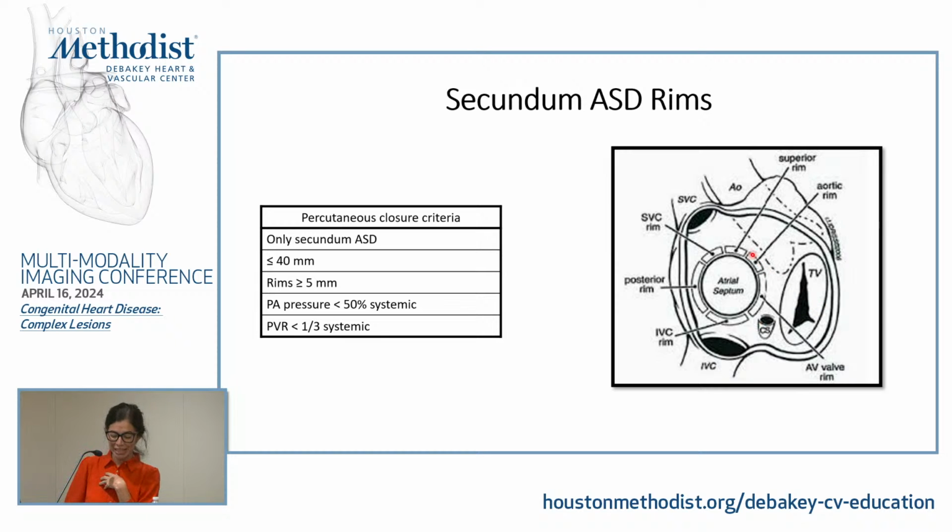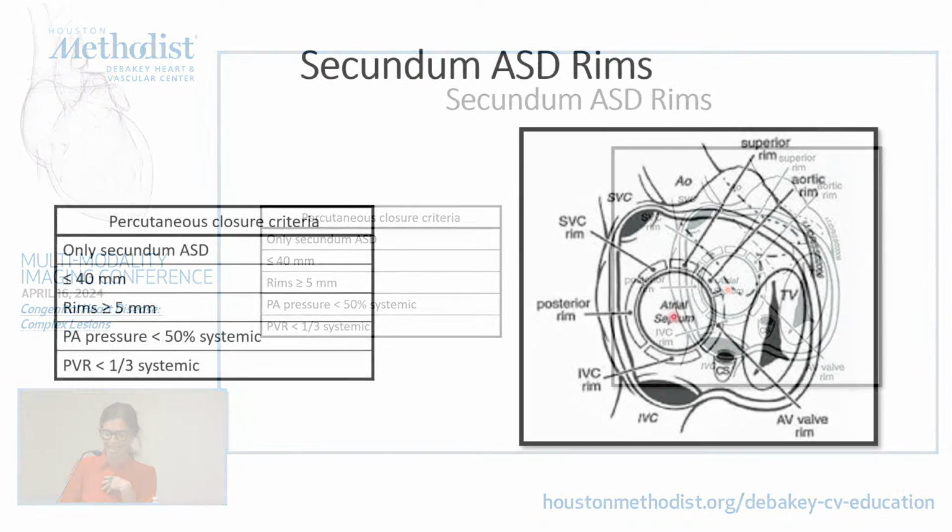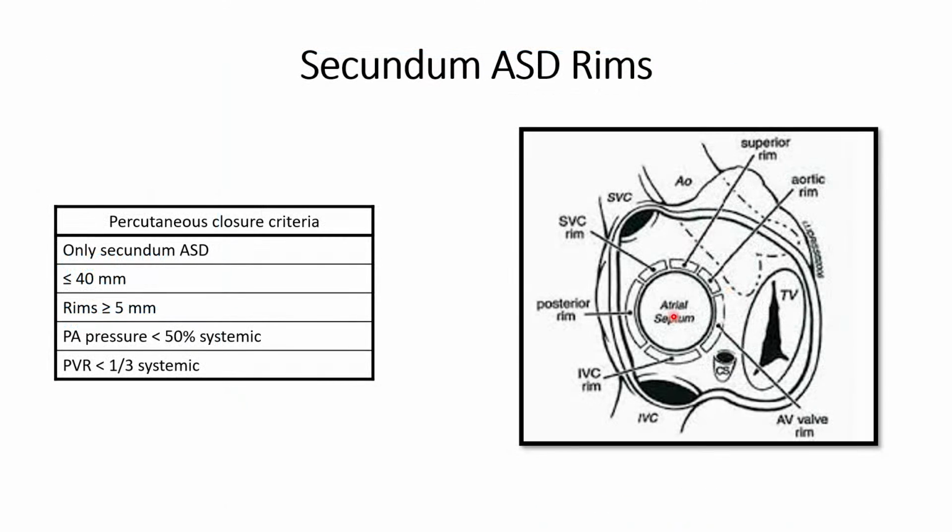But what matters here, if you think about the atrial septal defect as a pizza with slices, you can see that the aortic rim is a relatively small slice, and it's deficient in 10% of the population. And it's not a contraindication for transcatheter closure, okay?